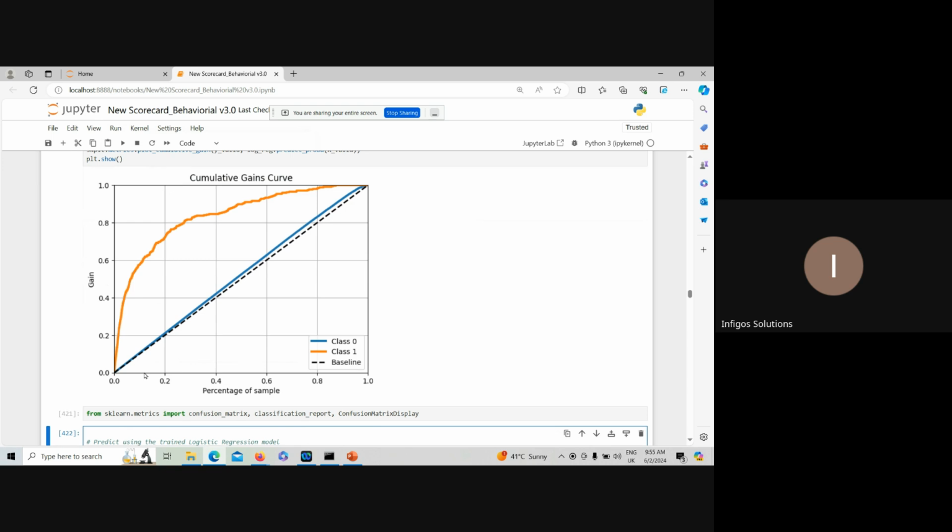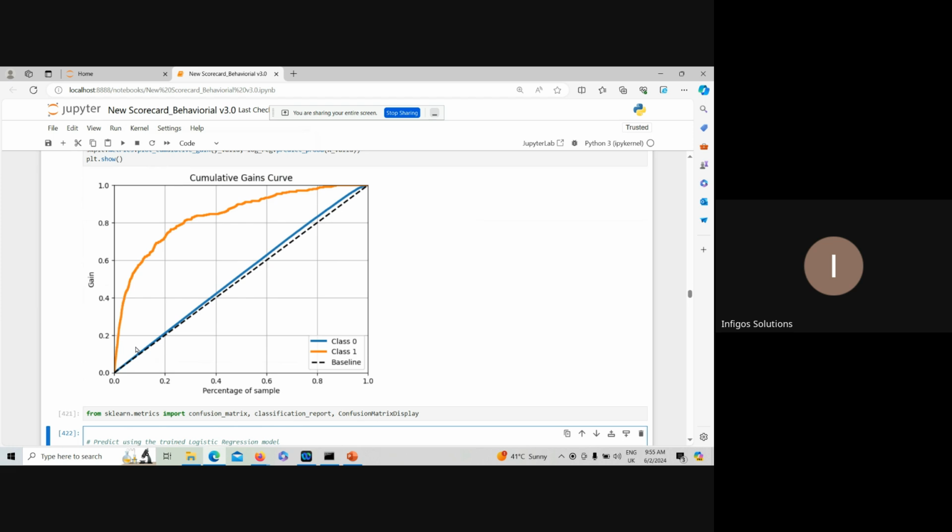You could say, lift. Do you know the lift curve? No, sir. Lift is more like the cumulative gain curve only. The only thing is here you look in terms of percentile, there you look in terms of ratio.